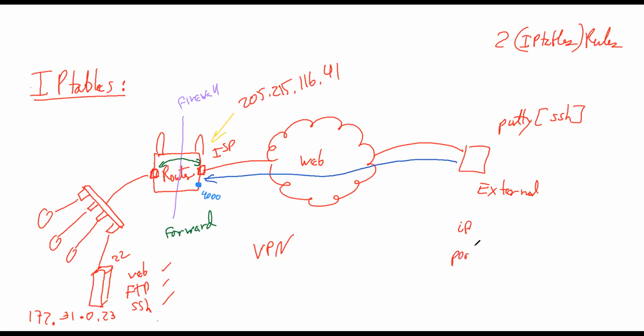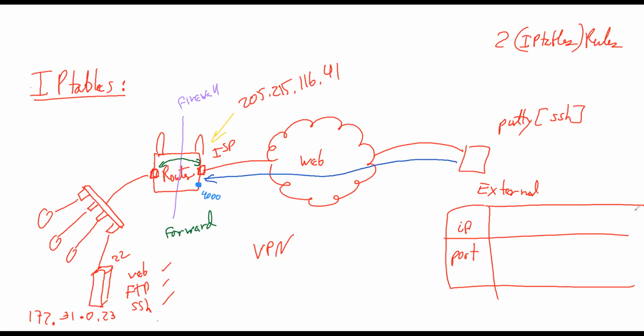So let's imagine this is PuTTY. The question is, what do you put here? Well, you're not going to put the internal IP and the internal 22, because that's not known to you possibly. Instead, you put the external ones.